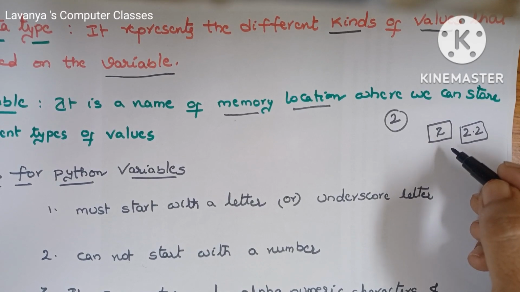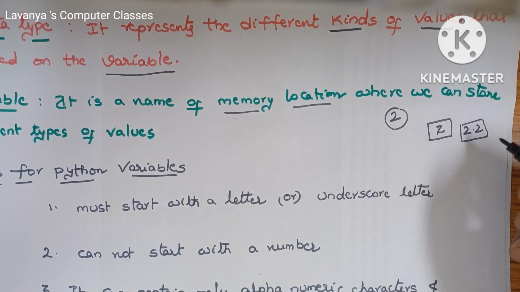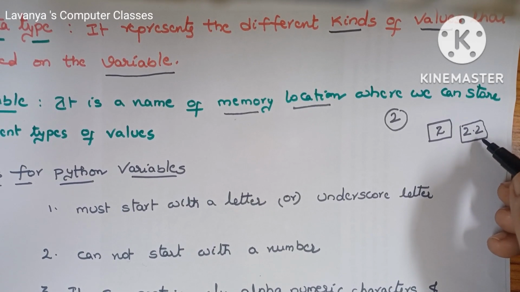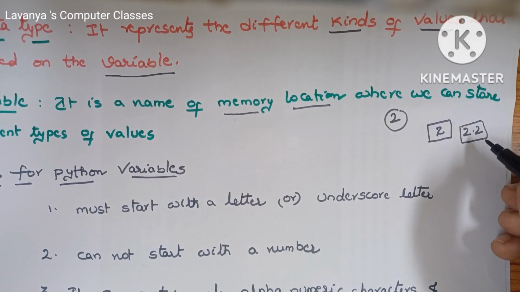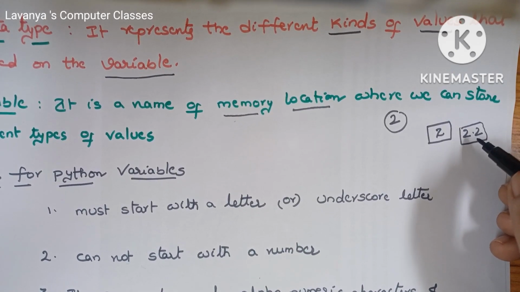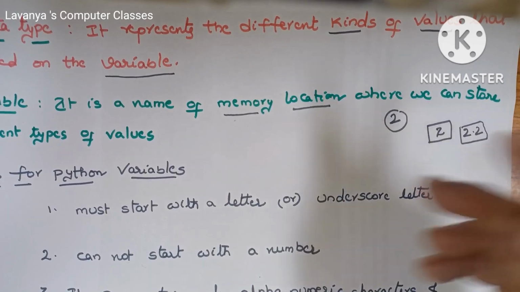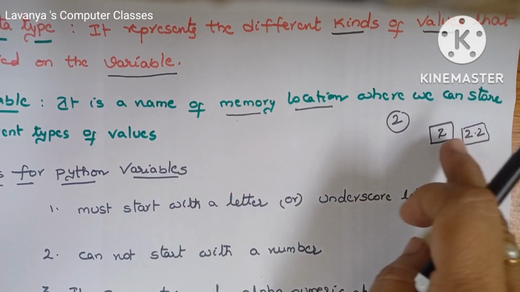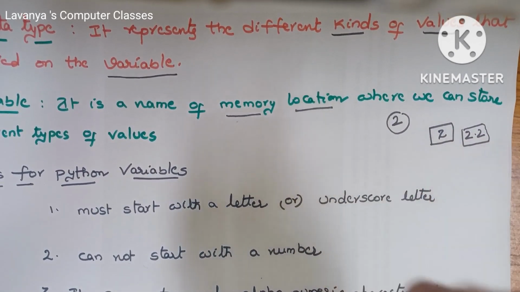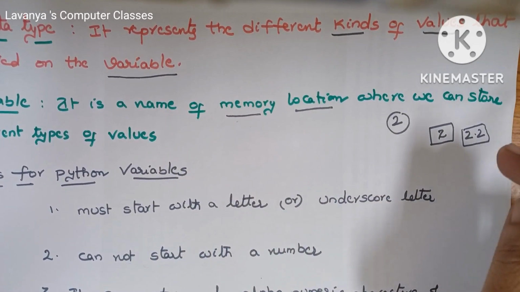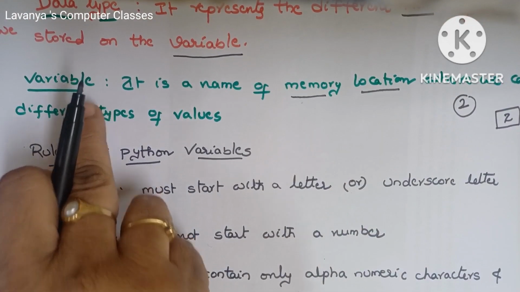For identifying the locations we have to give some name to these locations, that is called a variable.